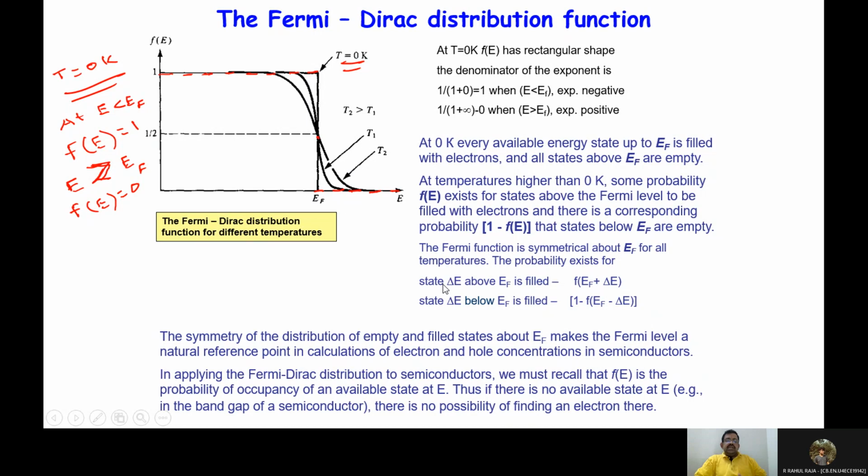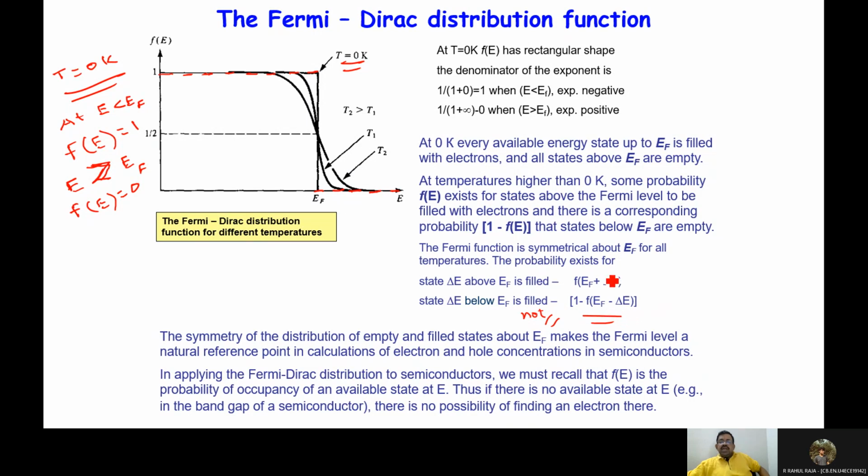A state delta E above EF is filled with probability f of E plus delta E. A state delta E below EF is not filled with probability 1 minus f of E. It is not filled because we are talking about f of E as the probability of filling, so 1 minus f of E corresponds to the probability of not filling.